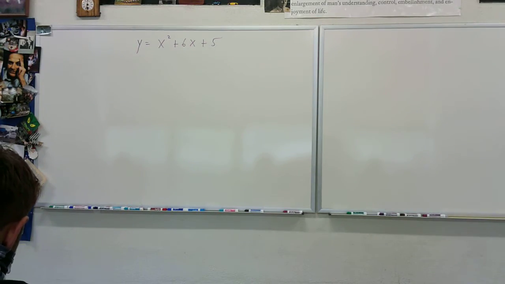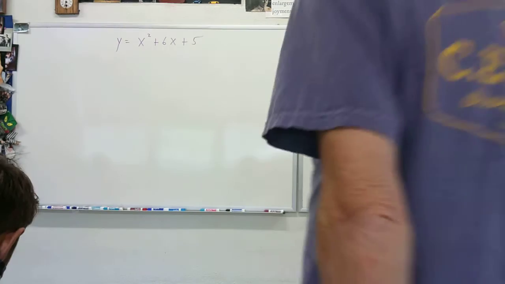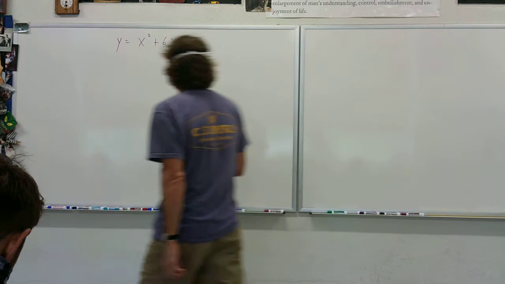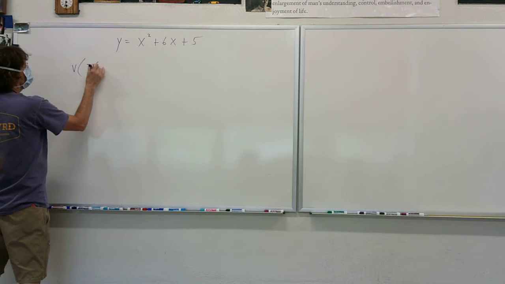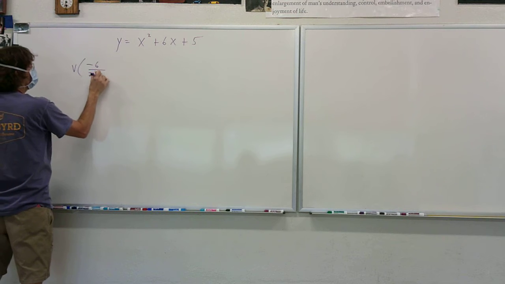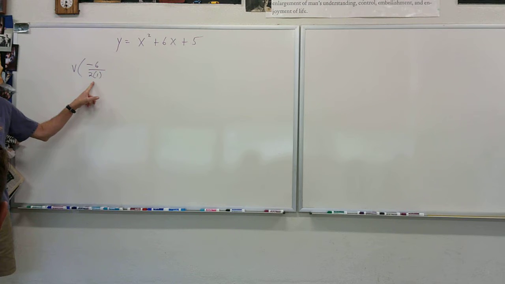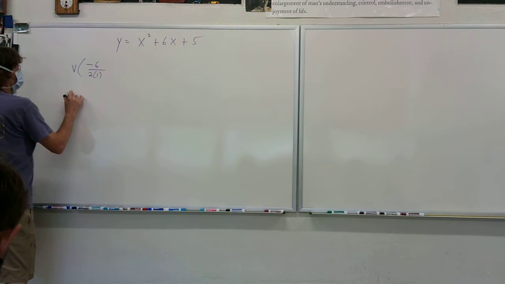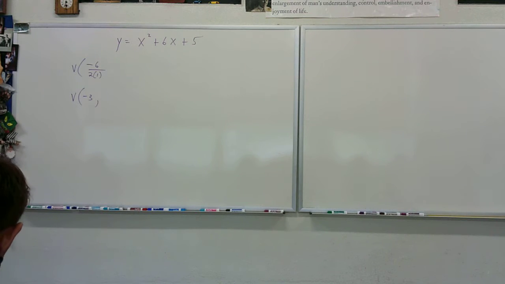Find the vertex. It's negative 6 over 2 times 1, because the a value is understood to be a 1. Okay, that's how you're going to find it. So the vertex is going to be negative 3 for the x value. The x value is negative 3.